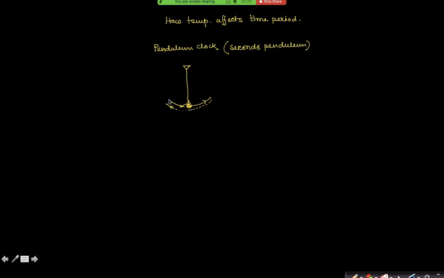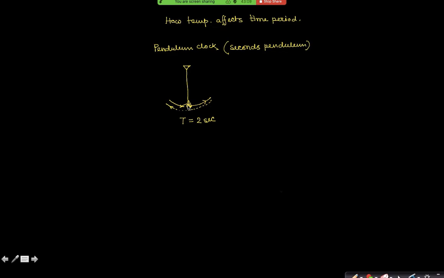So here, this total time period is 2 seconds. A clock does not know what is 2 seconds. A clock only reads 2 seconds when the pendulum again comes back to this original position. If the pendulum takes exactly 2 seconds to come back to the same position, the clock will show the correct time.